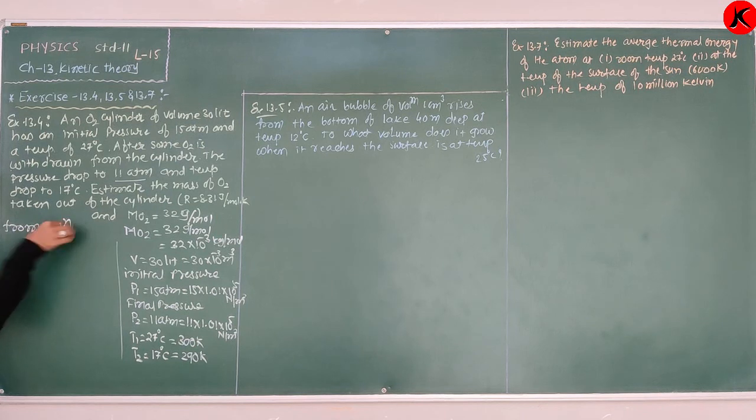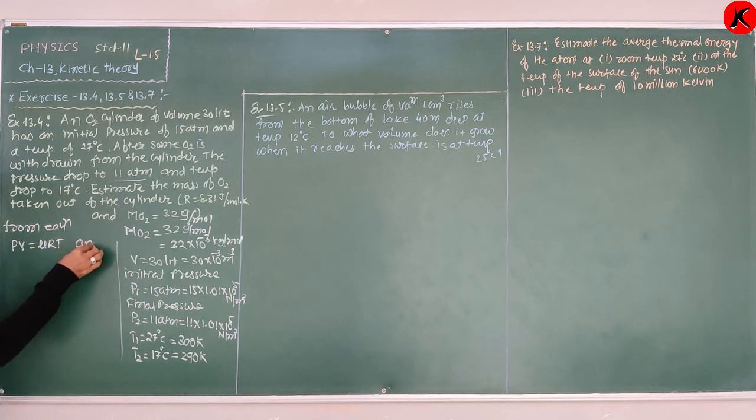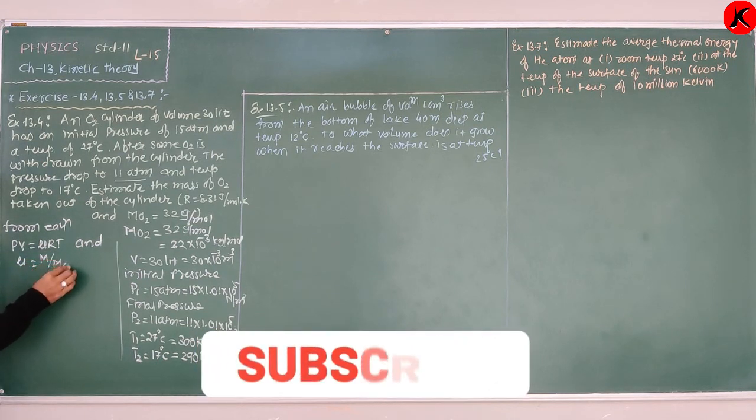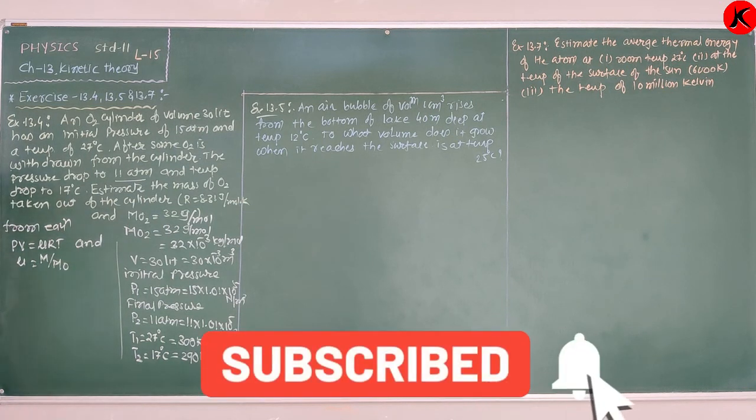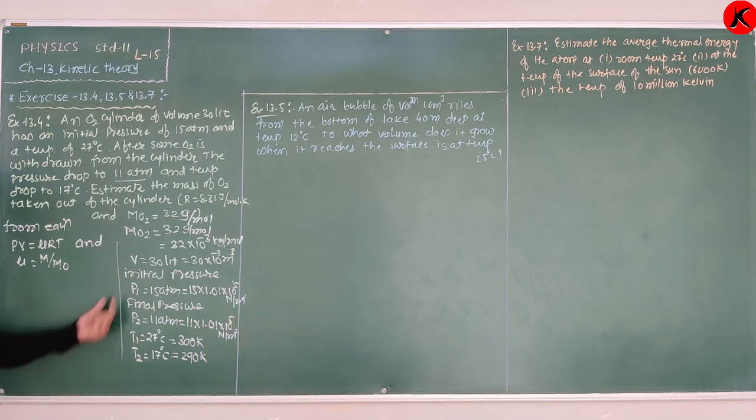Now we know that from the equation of state, PV is equal to mu RT. And also we know that mu is equal to M upon M0. So here we have to substitute the value of mu in terms of the mass because the mass we have to calculate.